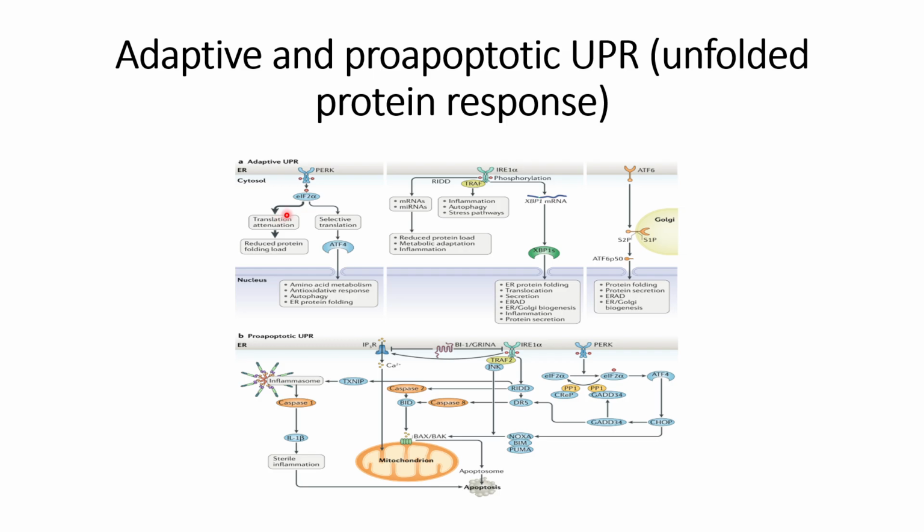So what will happen in the PERK signaling is that it will lead to the EIF2 alpha signaling pathway, that will lead to phosphorylation of this EIF2 alpha. After PERK signaling gets activated, the EIF2 alpha gets phosphorylated.